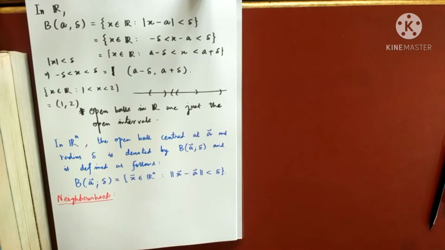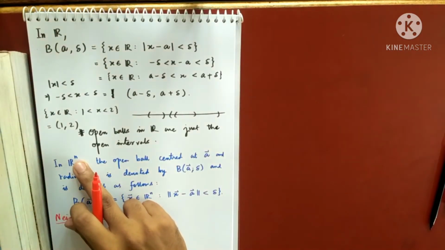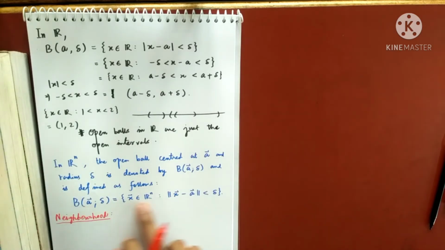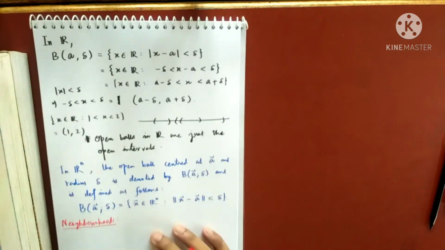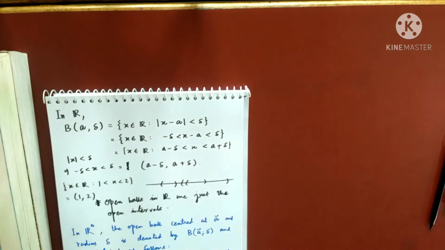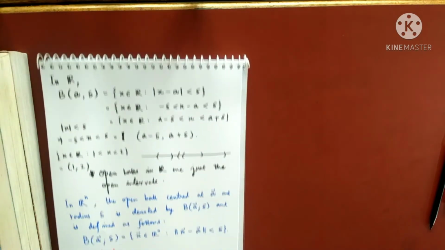So try to compare with R as well, like from real analysis, because the definitions that I am giving should also work for real numbers. For example, if I take R1, n equals 1, so this is R. This set is actually an open interval. And you have already seen in real analysis that open intervals are actually the open balls.